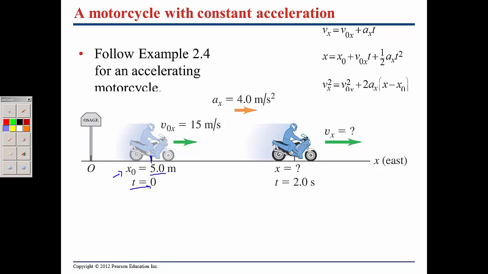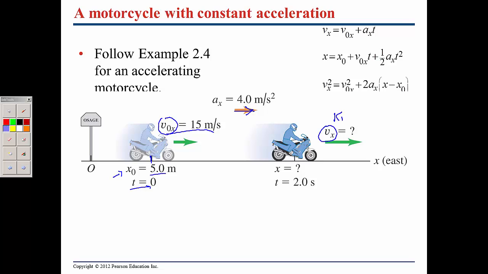And we say, hey, this motorcycle rider is starting at 15 meters per second, and he's accelerating. Accelerating means that his velocity is going to change. So his final velocity is not going to be 15 meters per second. We know that it's going to be faster because he's accelerating in the same direction as his velocity.